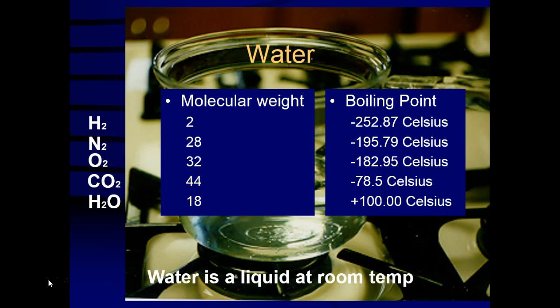One very unique thing about water is that by all standards, it really should be a gas at room temperature. Chemically and physically, because of its size, at room temperature, it really should always stay a gas. It's remarkable, absolutely remarkable, that it is a liquid at such a high temperature.